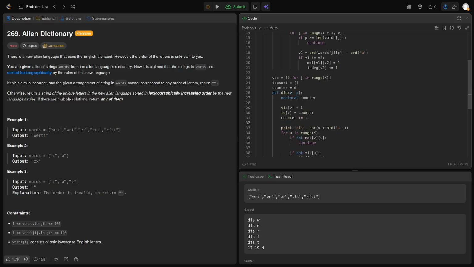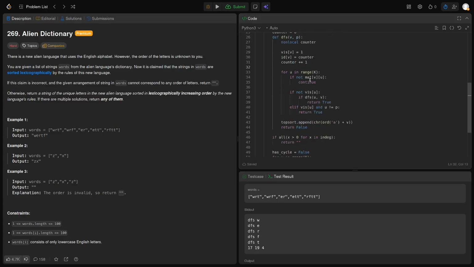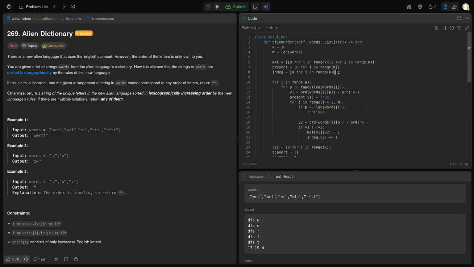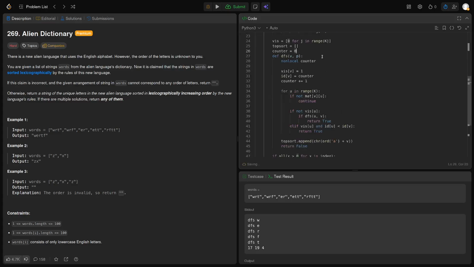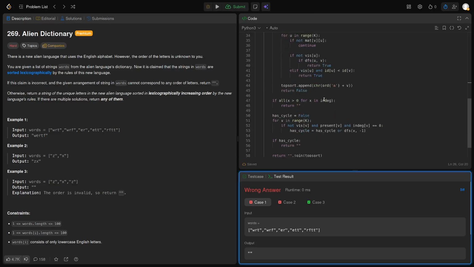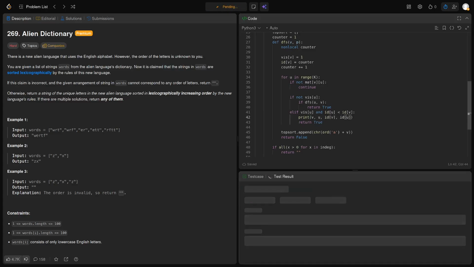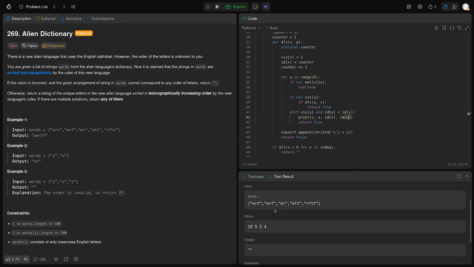nonlocal counter. If visited u and ID u, ID v, right? Counter starts at 1. That's the whole shtick, right? Print v u, ID v, ID u. What the hell?